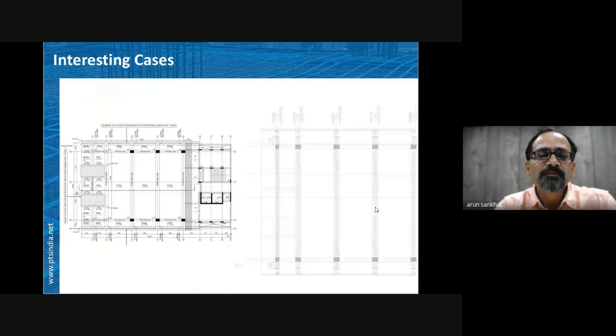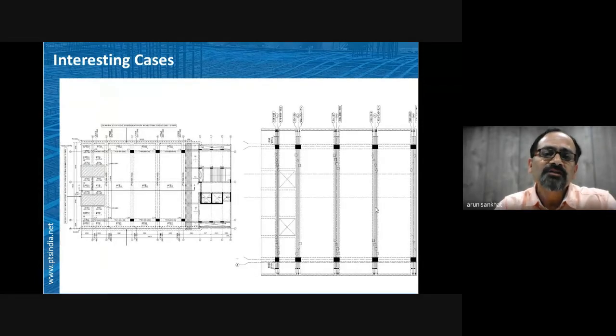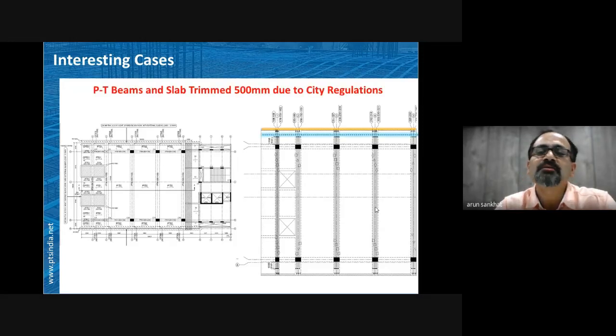Trimming of PT beam. We came across a site wherein after construction, after maybe around 1.5 years, they wanted to trim this end. It was here, now it has to be brought to this end because of some city regulations in Mumbai.